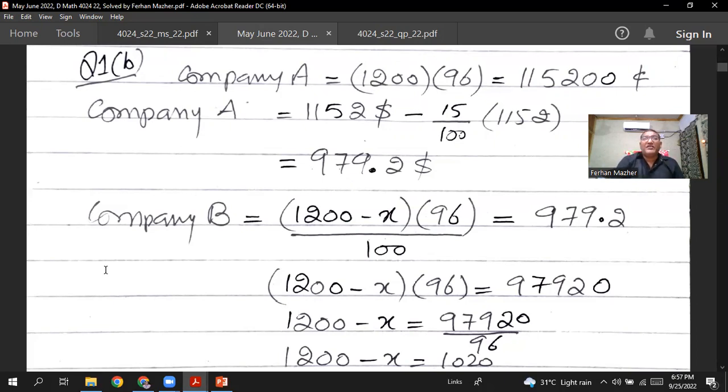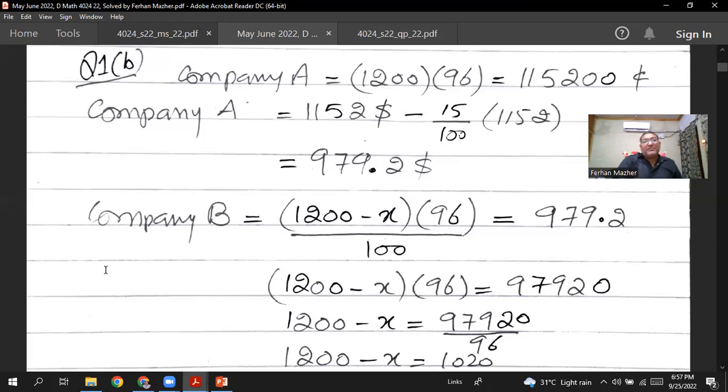From $1,152, we will subtract a discount of 15%. So the company actually has to pay 1,152 minus 15% of 1,152. When you enter this value in your calculator, you will get $979.2. So the company after the discount has to pay $979.2.